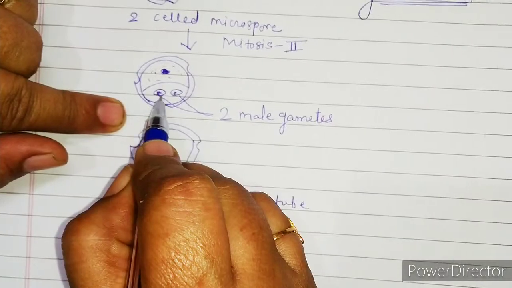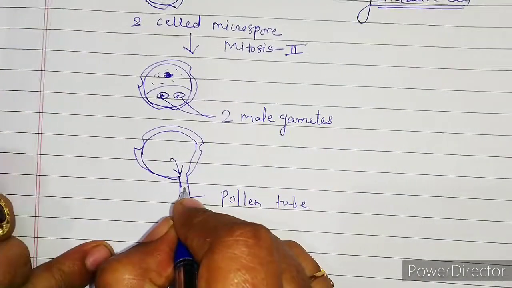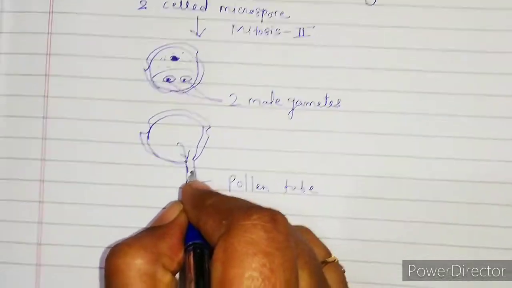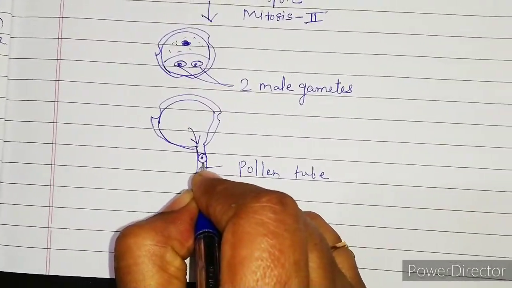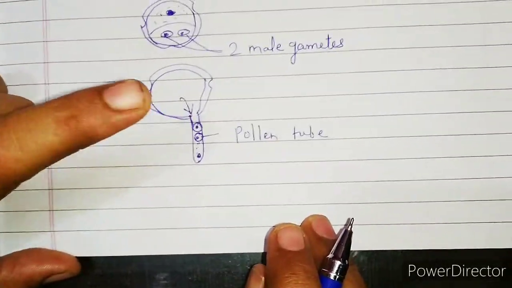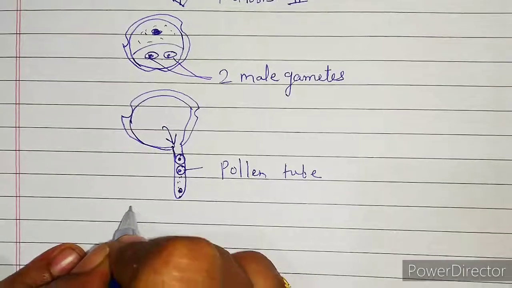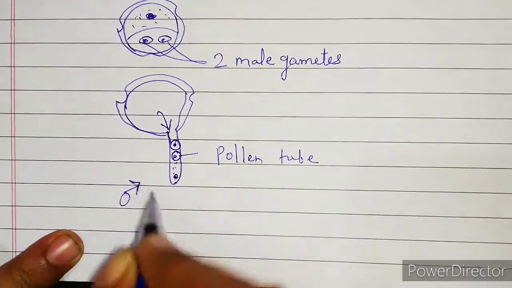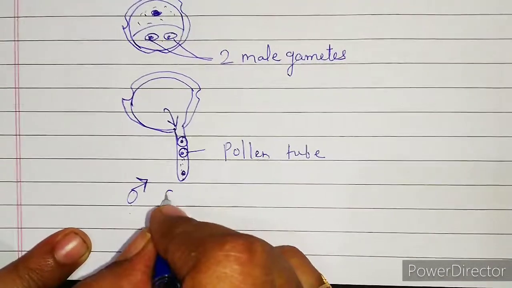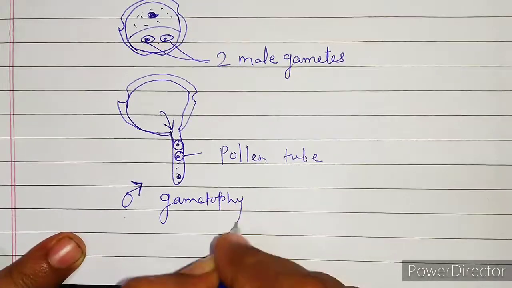Similarly, the two male gametes also enter into the pollen tube. This is the structure of the male gametophyte.